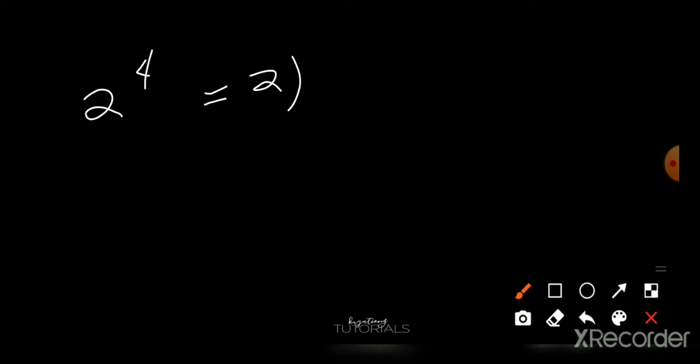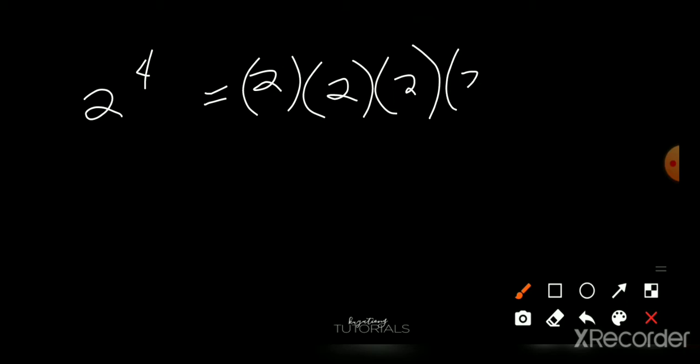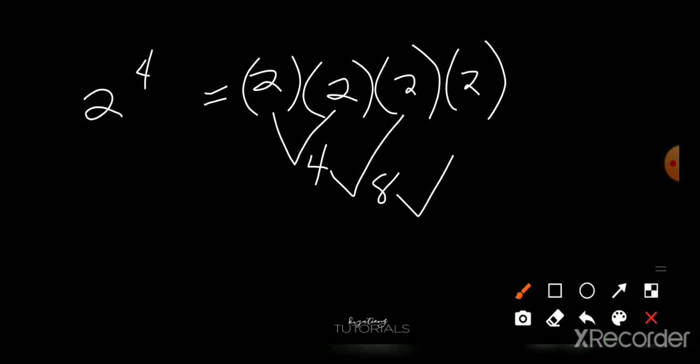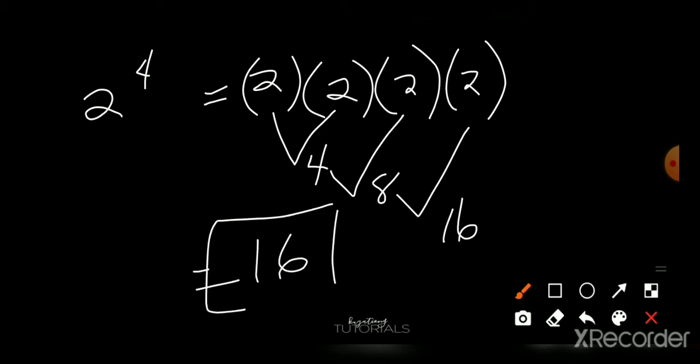We have 2 times, parenthesis, 2 times 2 times 2. Ato nang gikaupat si 2. So, 2 times 2, this is 4. 4 times 2, this is 8. Then 8 times 2, this is 16. So, 16 ang final answer.